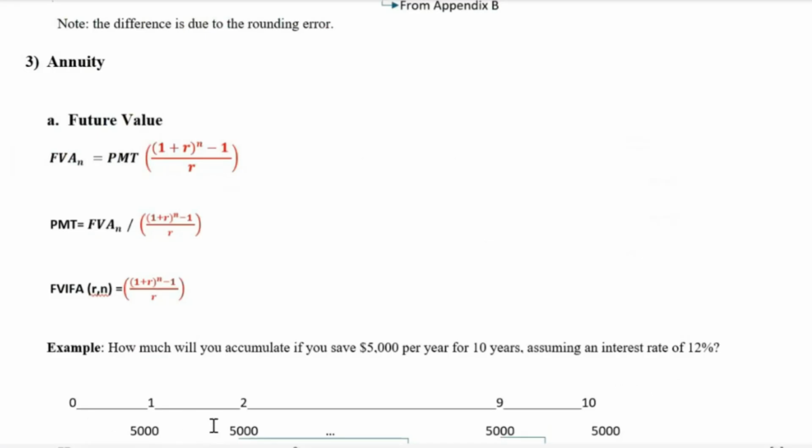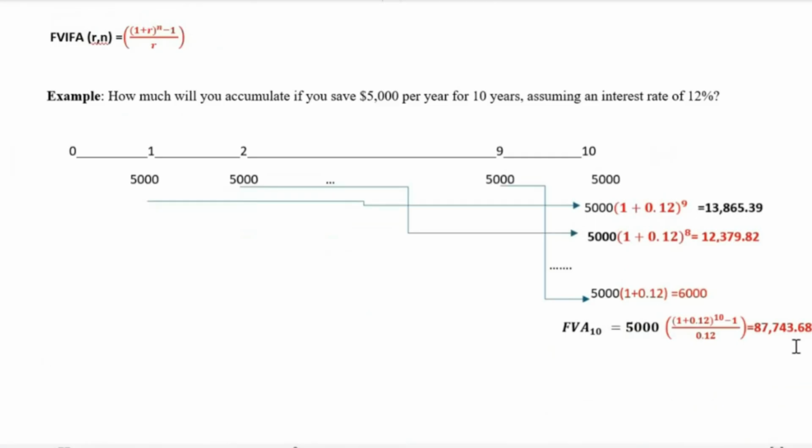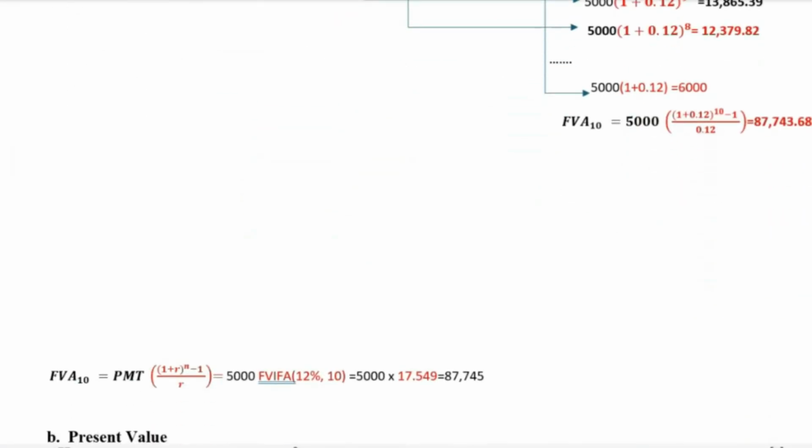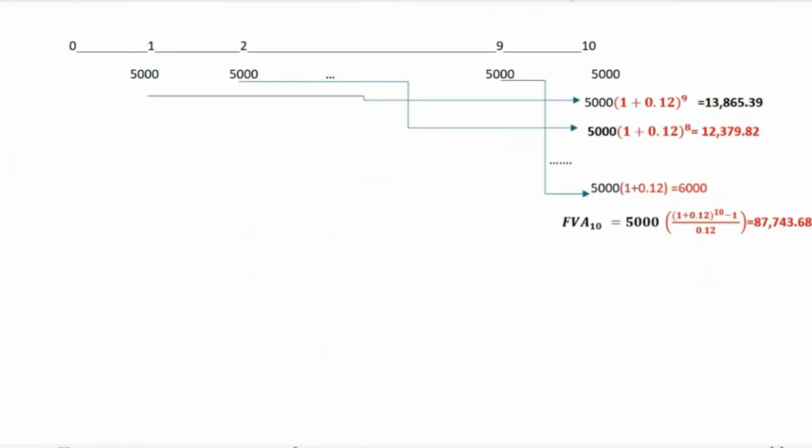So if you save $5,000 each year for the next 10 years, if you can earn 12%, you'll end up with more than 80,000. You end up with 87,743. Okay, last one we'll talk about is present value annuity.